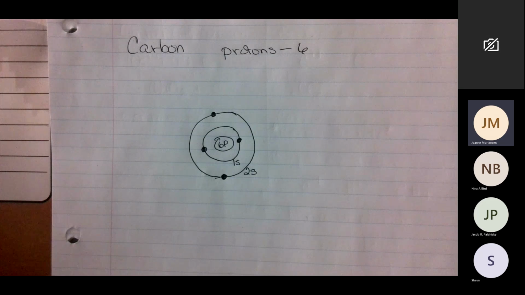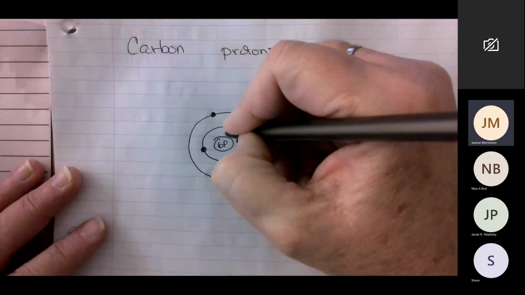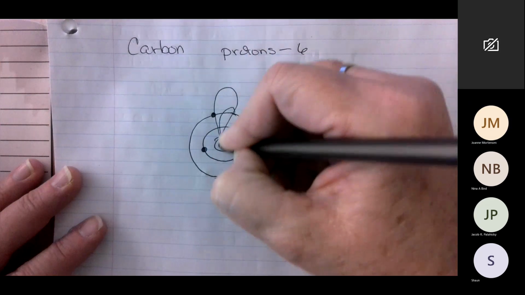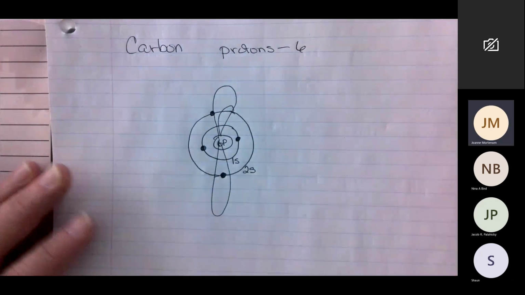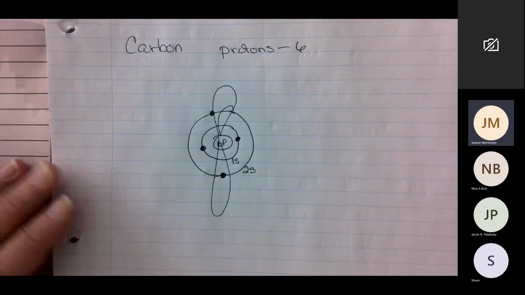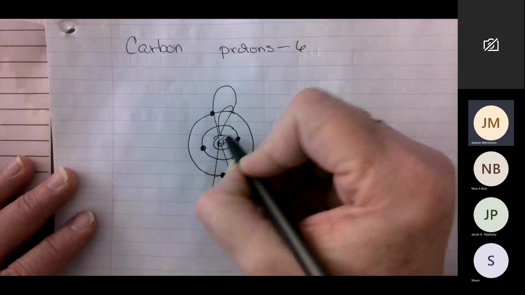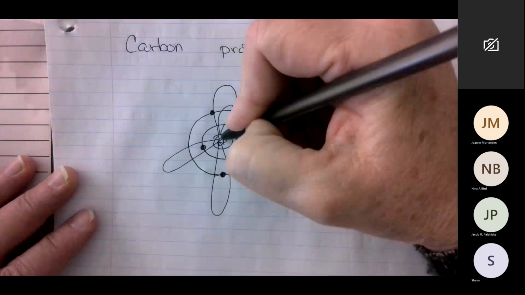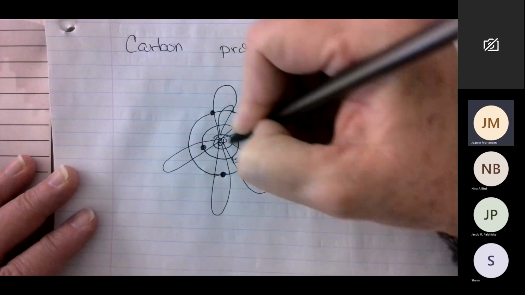Okay, this is where it gets weird. Are you ready? Our p orbitals, whoopsies. Well, it was nice for a while. Now it's the p orbitals. They're shaped like a pair of pears. So much for the pretty spherical ones that made sense.